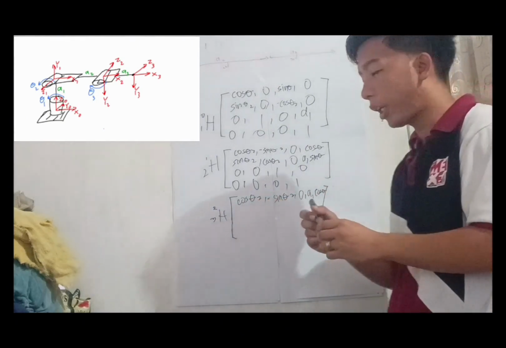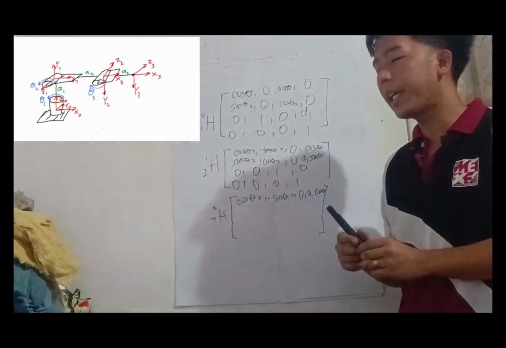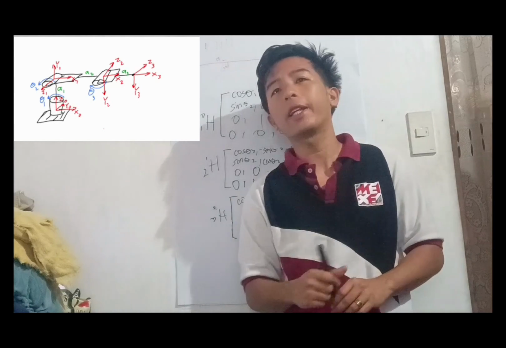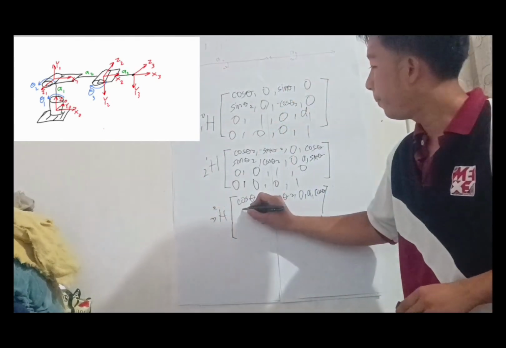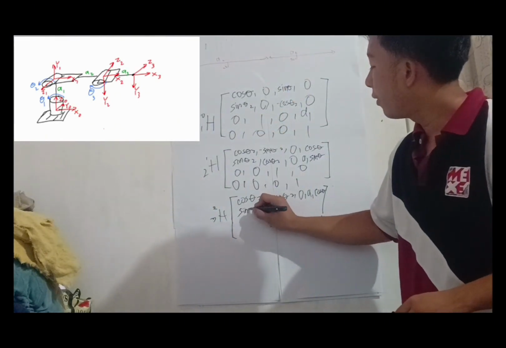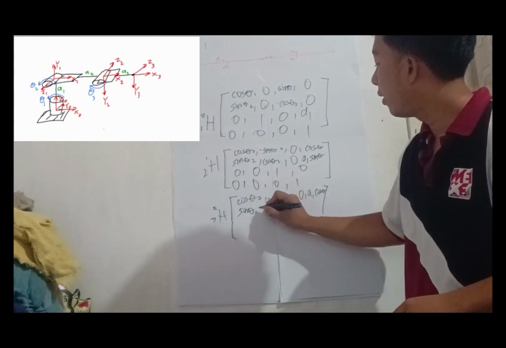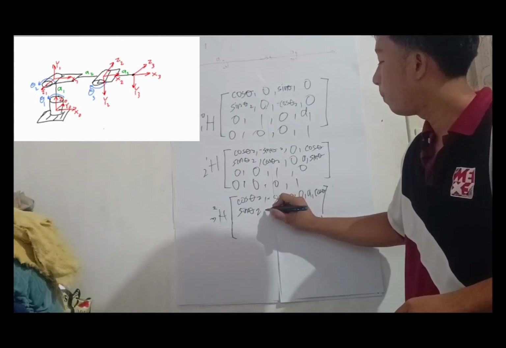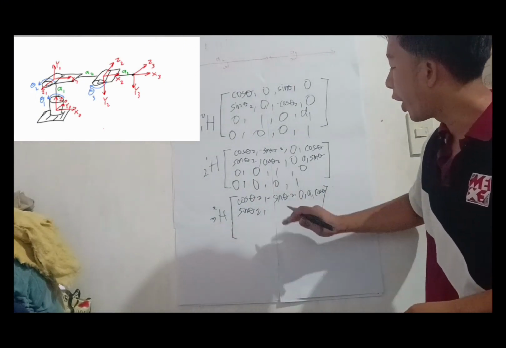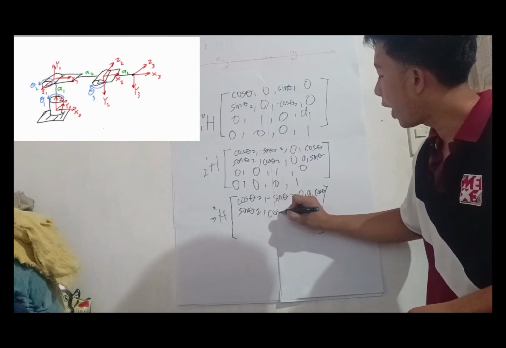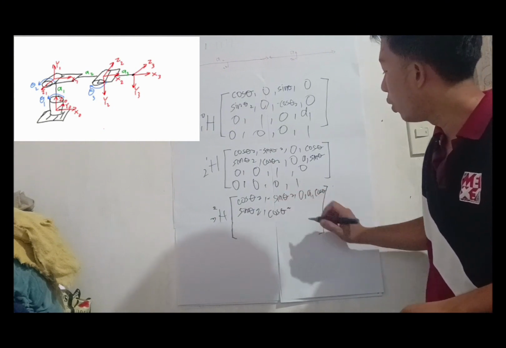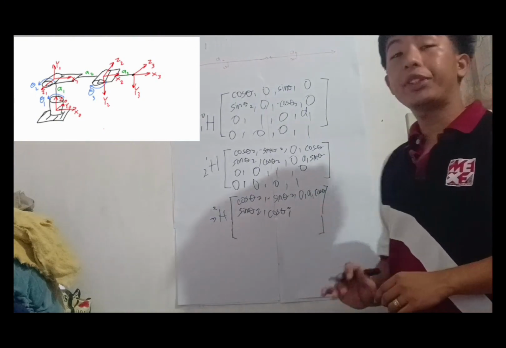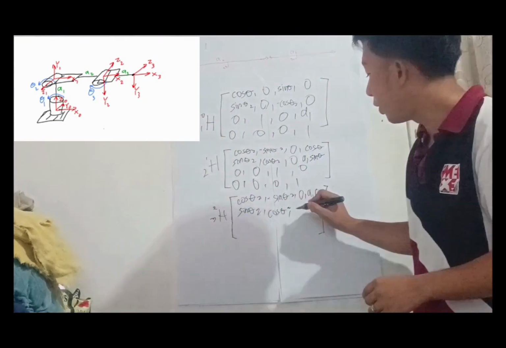So let's proceed to the second row. Sin theta represents the second angle. There will be sin theta 2, and there will be cosine theta 2. So, there is 0, there will be no rotation.